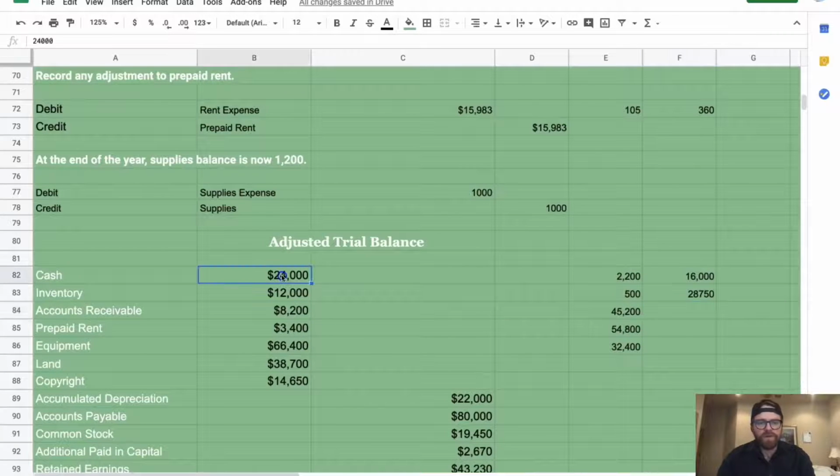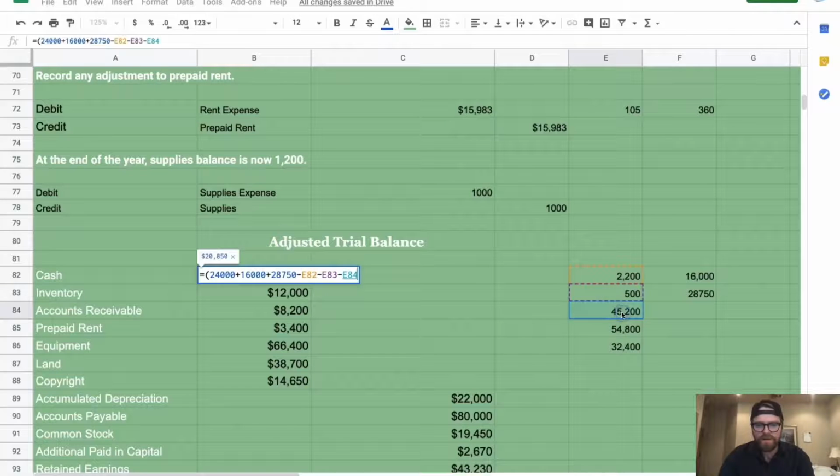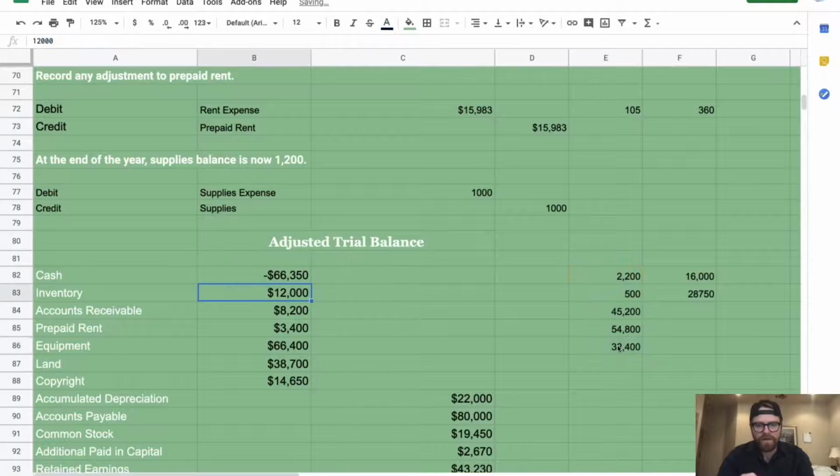We're going to do equals 24,000, what we started with. Let's just go ahead and add in 16,000 and add in 28,750. Then we're going to subtract this number here, this number here, here, here, and then here. It says a negative number. So that's not realistic. Usually cash is never negative.